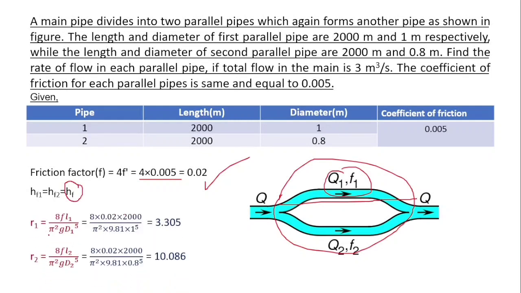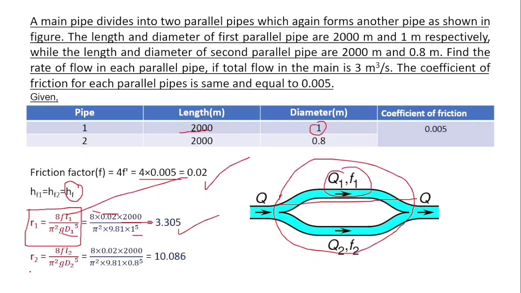So the formula of R1 is 8 F L1 upon pi square g D1 power 5. F we have calculated 0.02, and L1 is given in question, 2000, and D1 is 1. So R1 is 3.305.